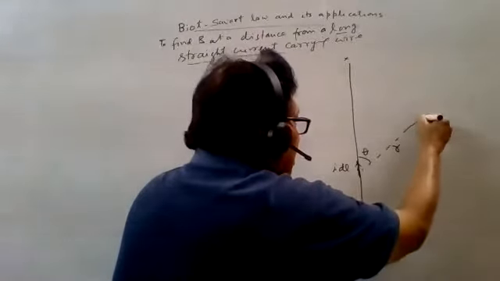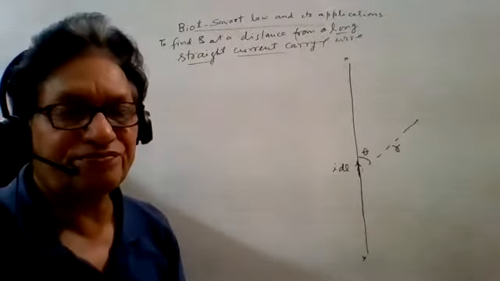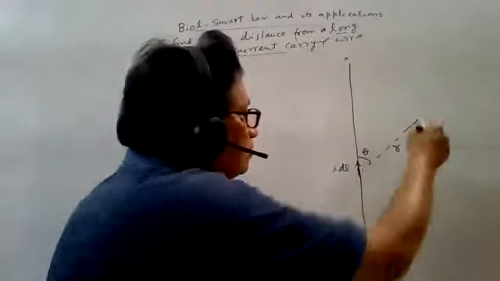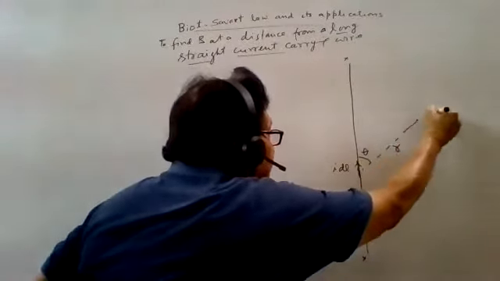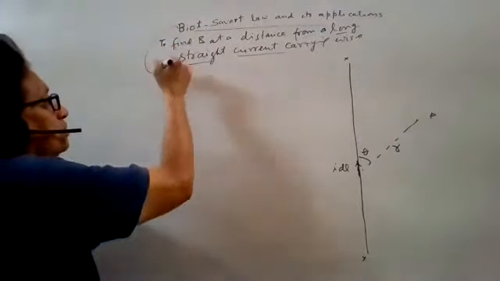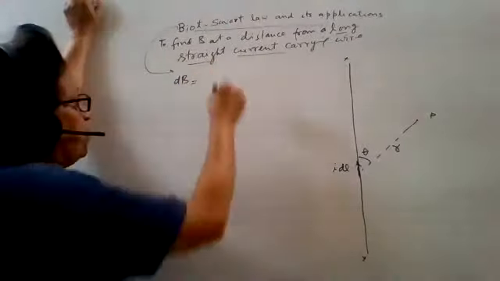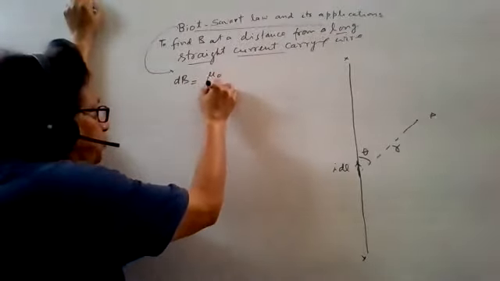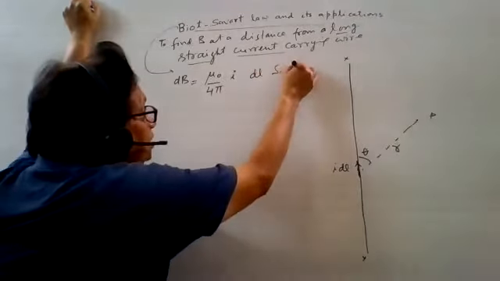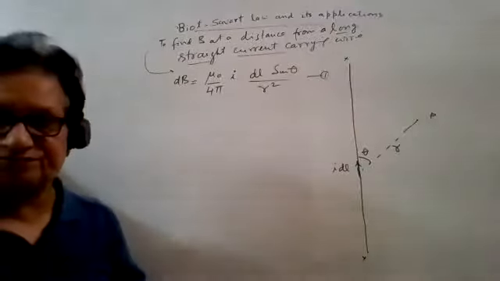There is a point P where we are interested to find out the magnetic field. So by applying the Biot-Savart law, there is a small magnetic field dB here at point P, given by simply using that formula, mu naught upon 4 pi, I dl sin theta upon r square. This is the Biot-Savart law.